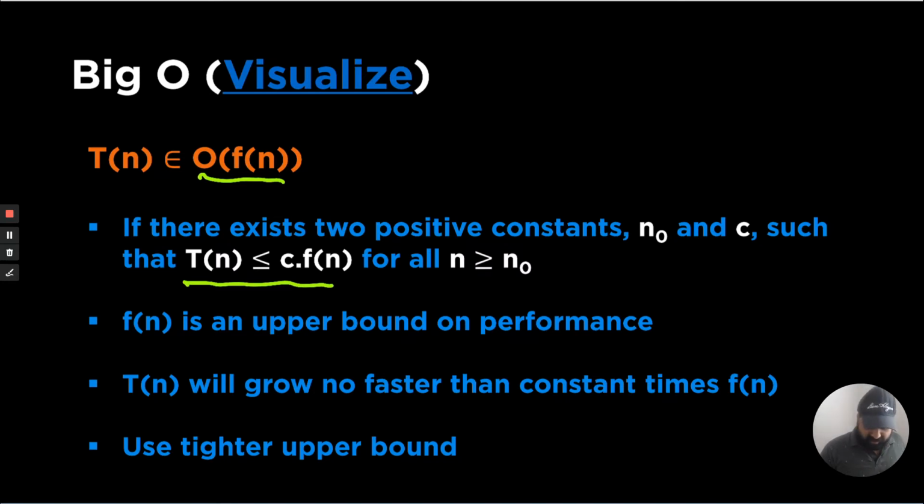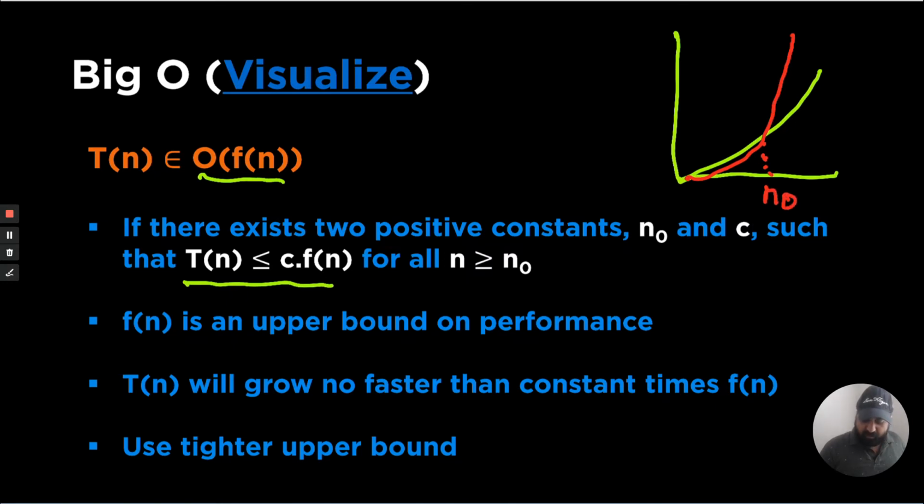But the key idea behind that is, let's say we have a curve for one of the functions, and we have another curve like this. So even though the red curve here grows slower than the green curve for small n's, after a certain threshold, which is after this n naught, this grows way faster compared to the green one. And after this n naught, there will be no way that the green curve will grow faster than the red one.